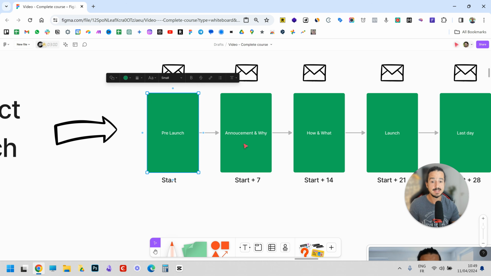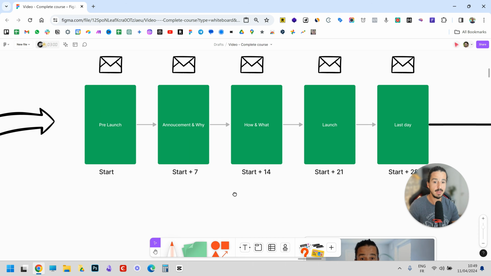The second one comes 7 days later, and you will see that everything is on 7 days. Some people will say you can shorten it. I use a week between each email because it really plays on the expectation, the curiosity. People really want to have the next email. So this is why I'm always sending one email per week.